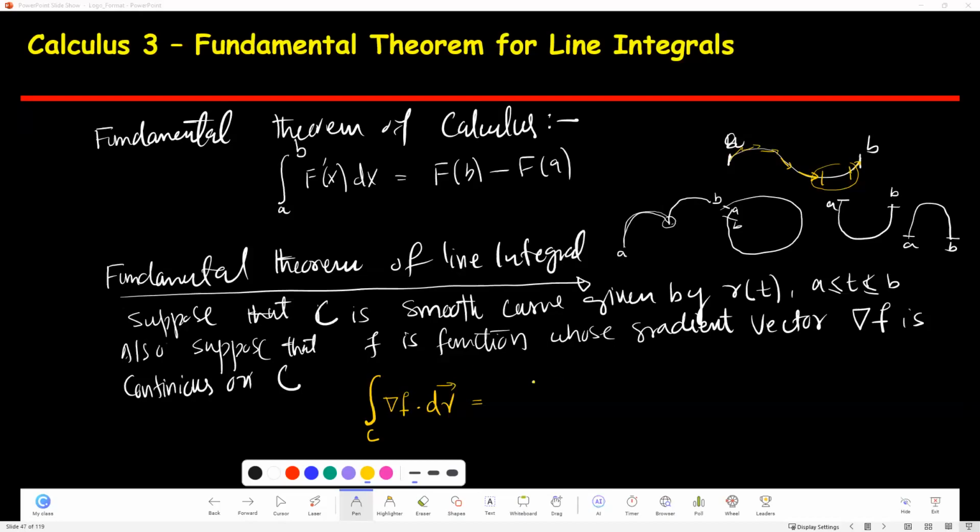So the right side is this, that's how I am going to write it. Then minus, I am going to say this, inside the parentheses, then minus r(a) with the function, and then close the parenthesis.